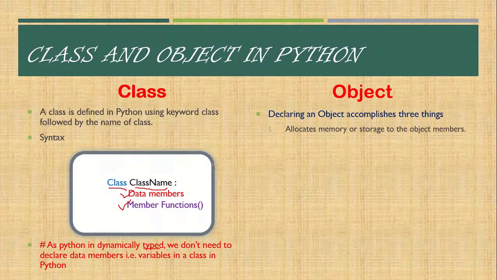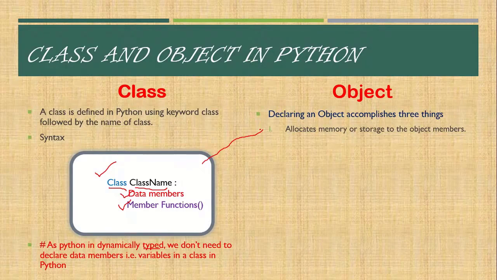So declaring an object accomplishes three things. First of all, we write the code, that is the blueprint, which will be the code of the class. And when we instantiate an object of a class, three basic things are done.